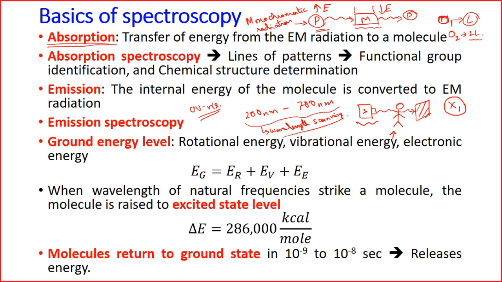Now there can be two things. Suppose you must have seen football. If there is a free kick near the goal post, you have a barrier. If a person from the other team wants to come through, you will give them a higher resistance.